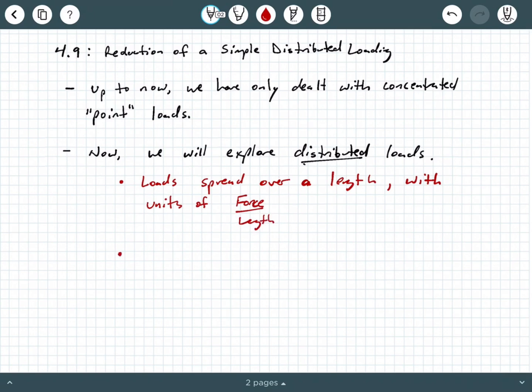And then we're also going to briefly talk about loads spread over an area with units of force over area. Okay, and not only are we going to explore the idea of a distributed load, but we're going to look at the location of an equivalent point load that incorporates this distributed load. So let's go ahead and get started with this background.